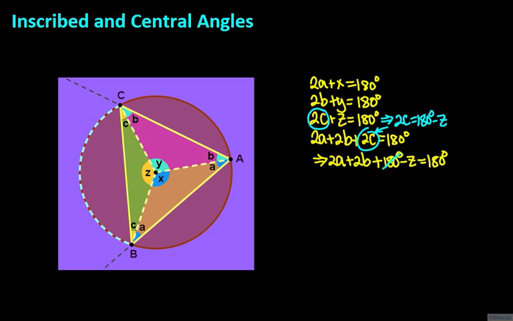We subtract 180 degrees from both sides of the equation, and we get 2a plus 2b minus z equals 0, or simply 2a plus 2b equals z. Or in factored form, we have 2 times the quantity a plus b, which is twice the measure of the inscribed angle BAC, equals the measure of the central angle, z.